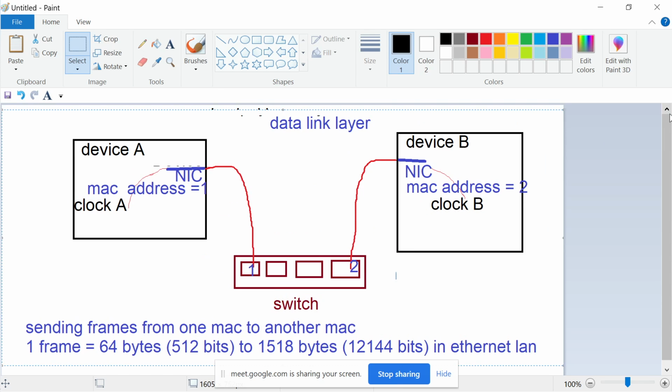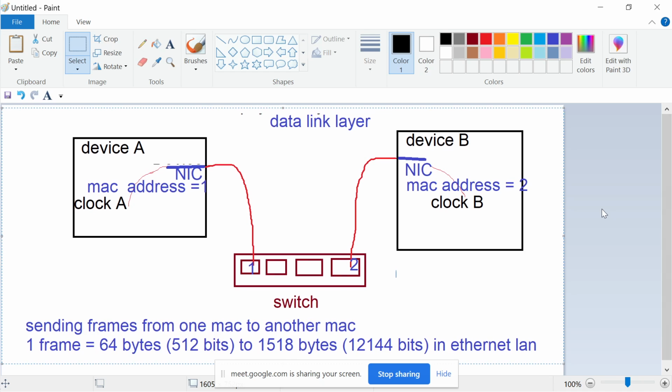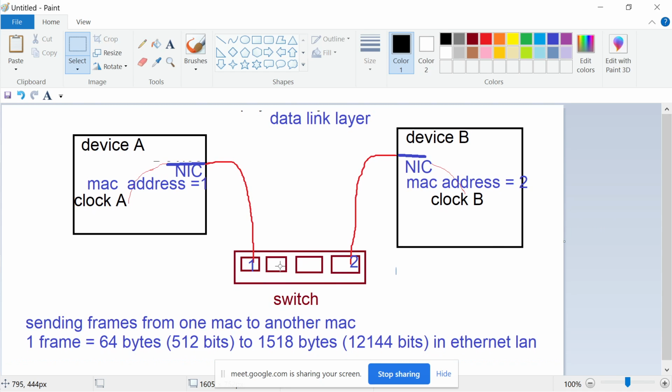What you're seeing, the red line, is your cable line, and it is connected to the NIC, like your Ethernet cable is connected to the NIC.